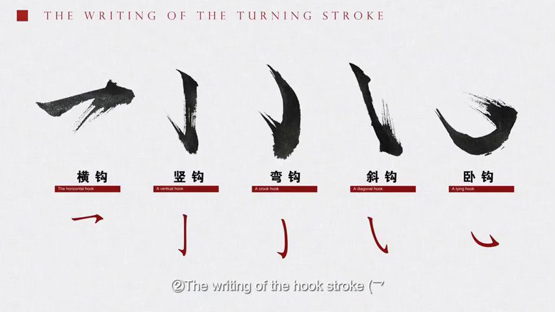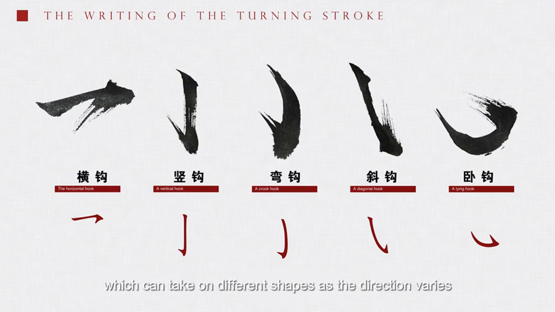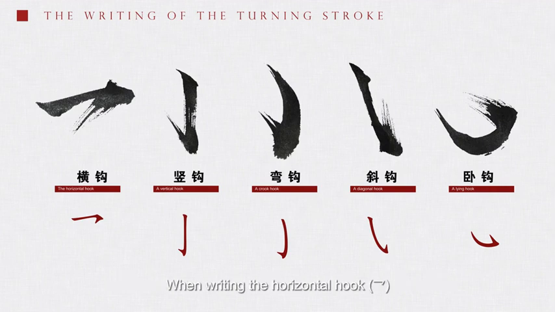The writing of the hook stroke. After finishing a stroke, turn the direction, lifting the brush lightly to bring out a hook, which can take on different shapes as the direction varies.